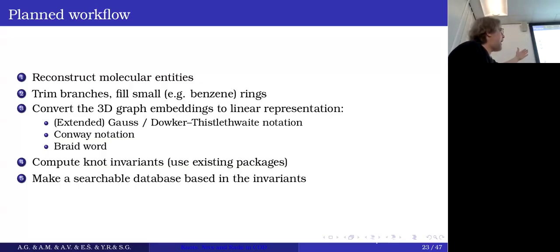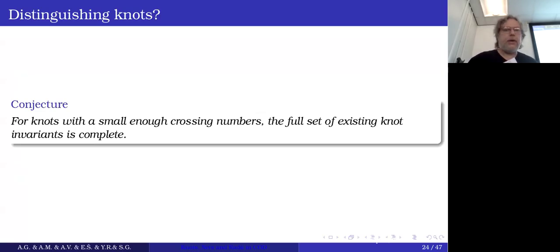So if we have that, then I can feed our molecule representation into any of the existing knot theory packages, and then calculate knot invariants, check whether they are unknots, check whether we have links, anything. And then, of course, we would like to make a searchable database of this.